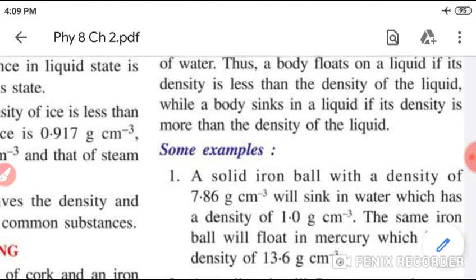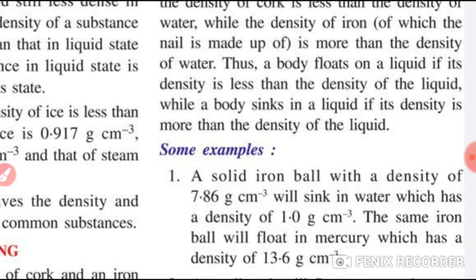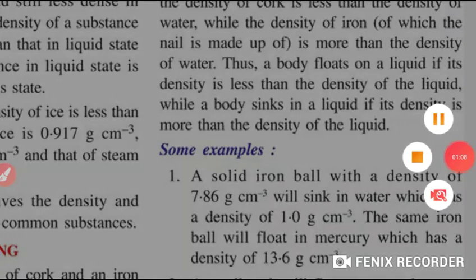Thus, a body floats on a liquid if its density is less than the density of the liquid, while a body sinks in a liquid when its density is more than the density of the liquid.